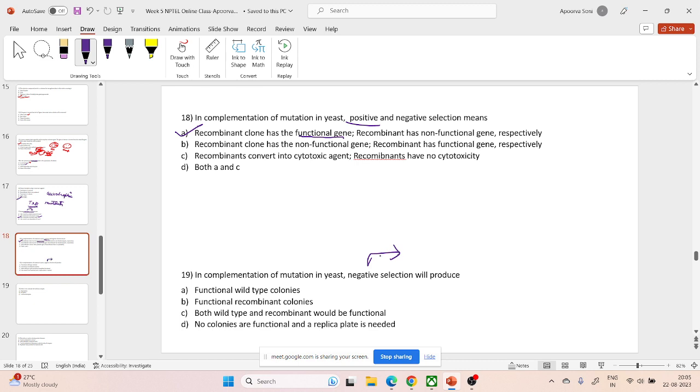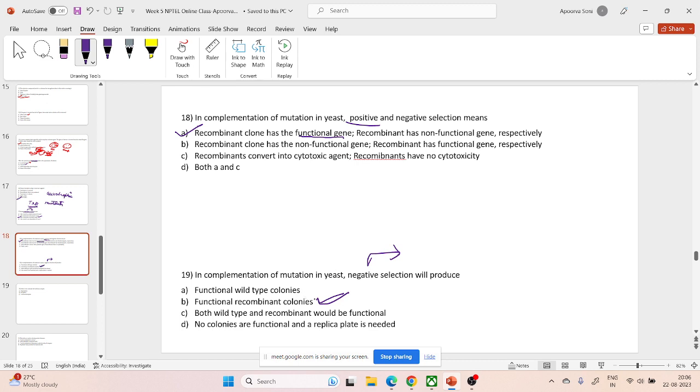Negative selection will produce functional wild type colonies if recombinant clones are not present, and it will produce functional recombinant clones if the gene of interest is non-functional, that is inserted into the host strain. So mostly it should be this, but then some might get confused with functional wild type colonies also.